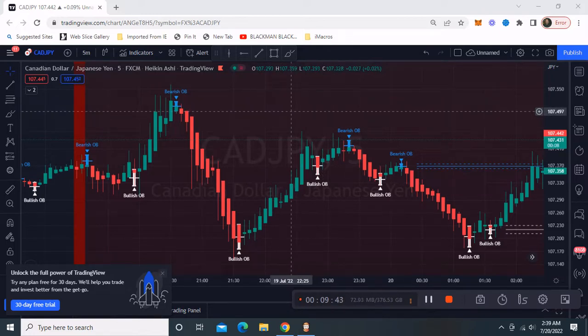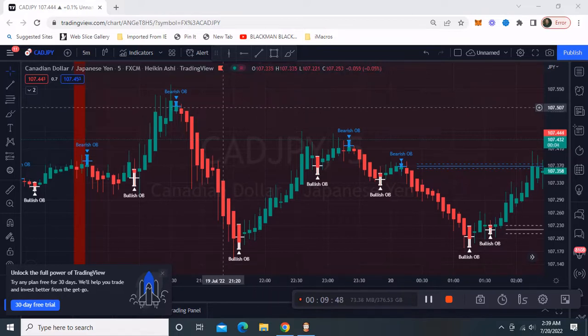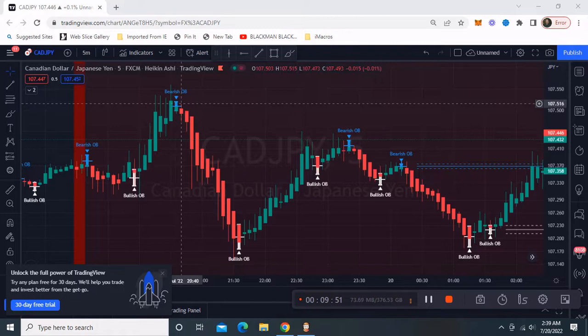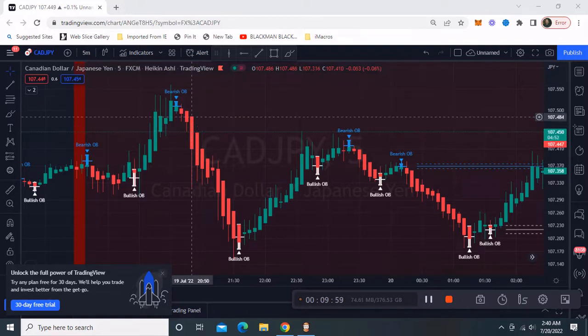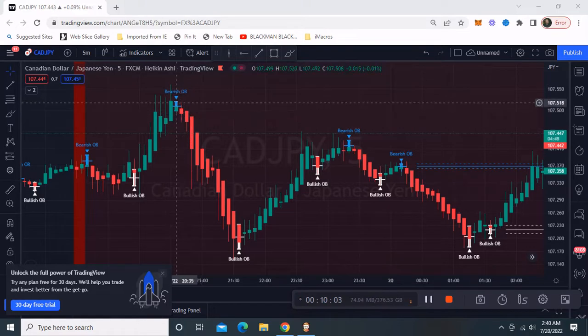What happens is this. First and foremost, you won't see the order block appear until you have at least 3 to 4 candles going in a bullish or bearish direction. Once it gets to about the fourth candle, this will come up.